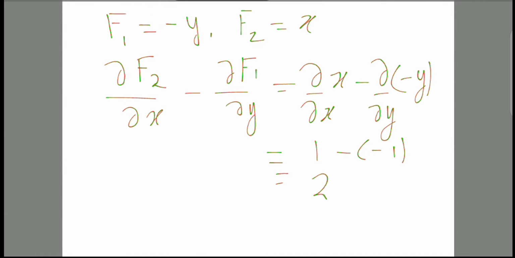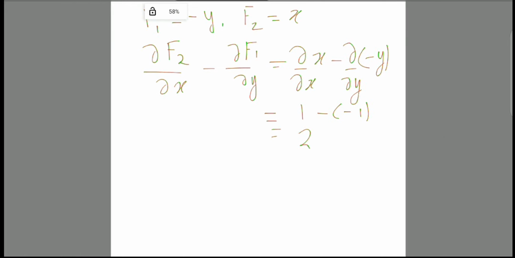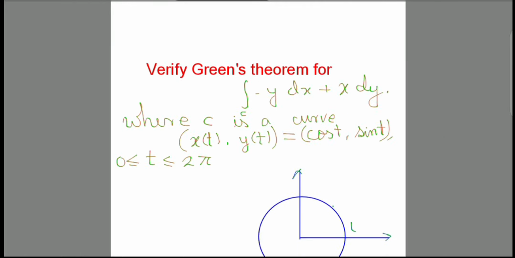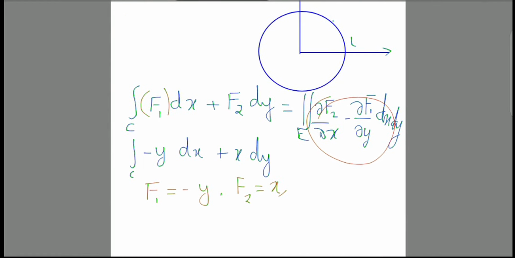So what will be our left hand integral and right hand integral? Let's compute them. We have f1 equal to minus y and f2 equal to x, and we have observed that del f2 del x minus del f1 del y is just equal to 2.